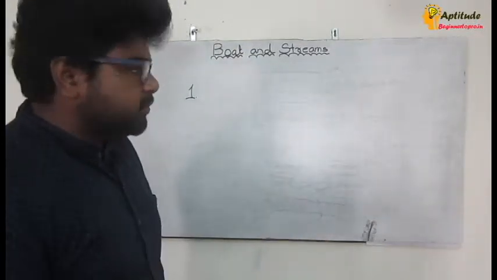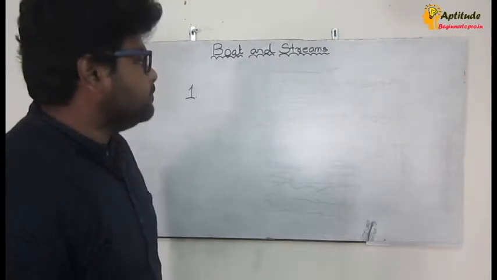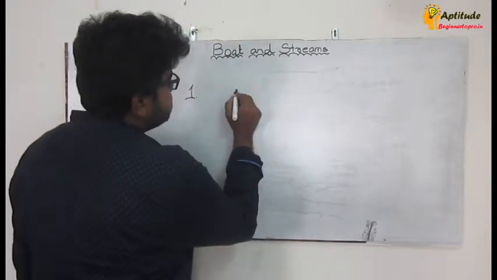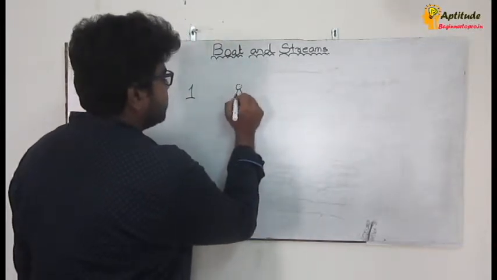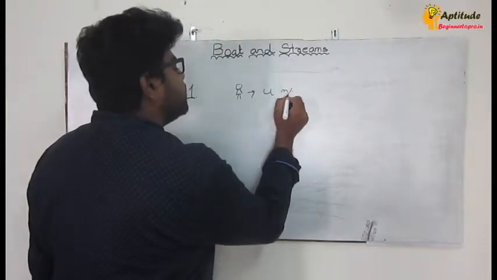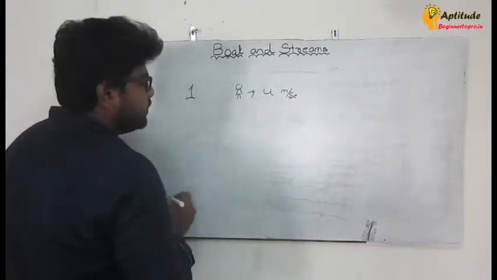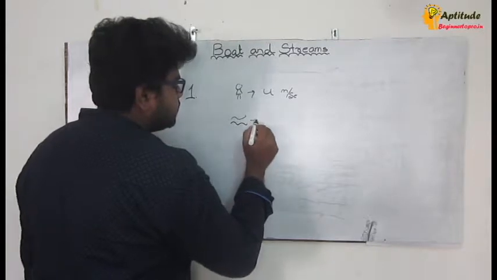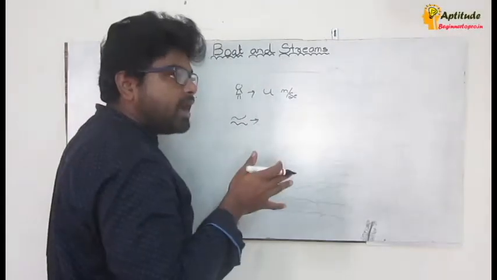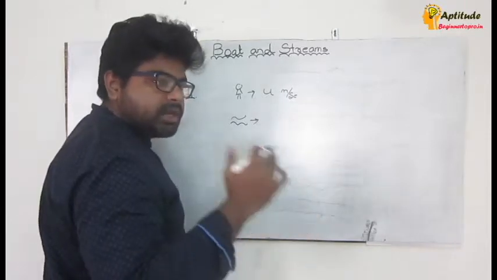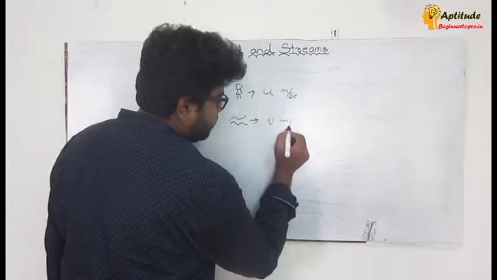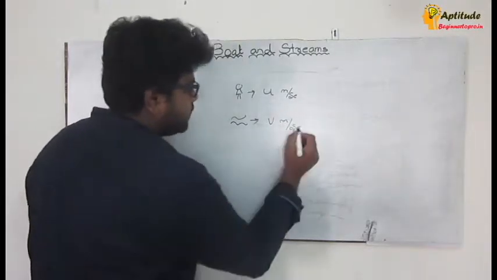So let's see. If a person's speed is u meter per second, and the velocity of the stream, that is the rate at which the river is flowing, is v meter per second.